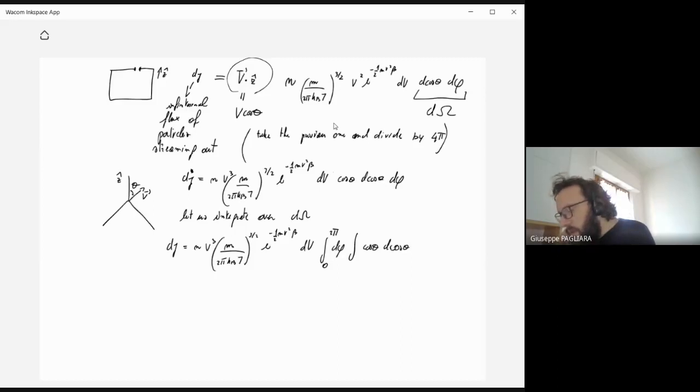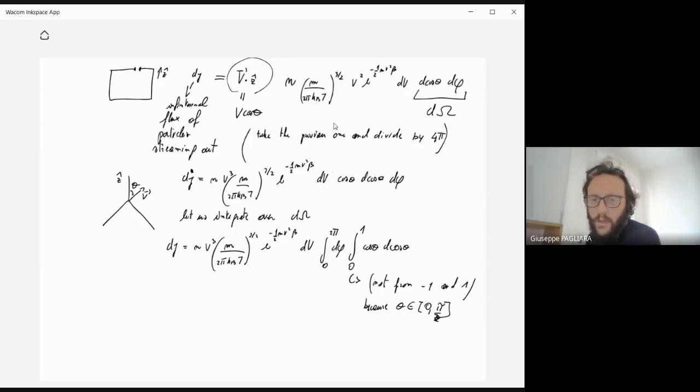Now be careful here, you have to integrate between 0 and 1, not from -1 and 1. Why? Because theta cannot vary between 0 and pi, because theta belongs to the interval 0 to pi over 2. Why?